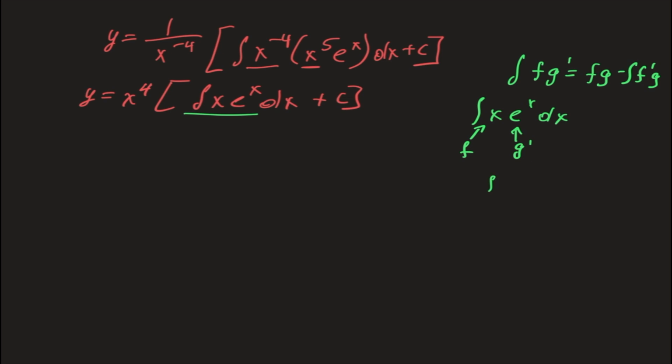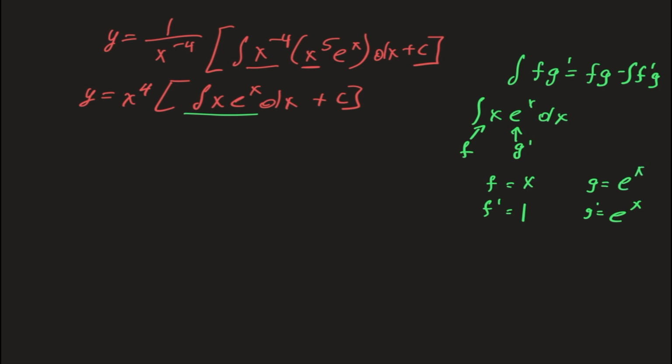So the way I like to write this out is f prime and then g and g prime, and fill in what I know. So f is x and g prime is e to the x. So derivative of x will just be 1, and integral of e to the x would just be e to the x.